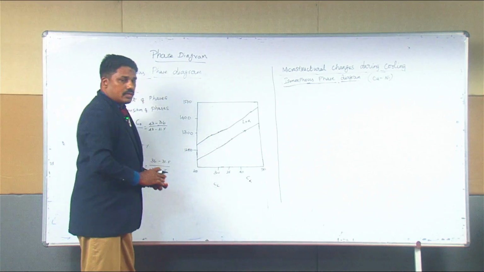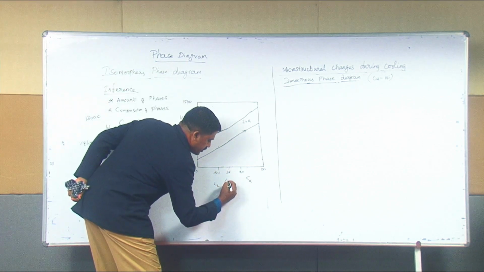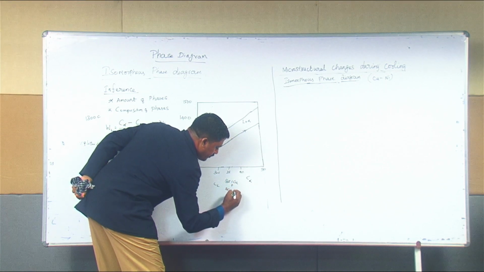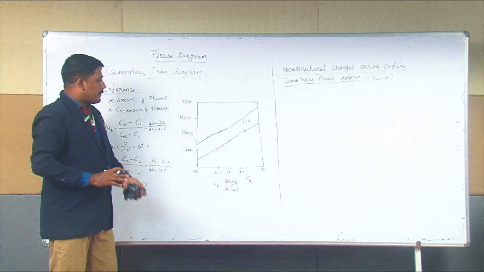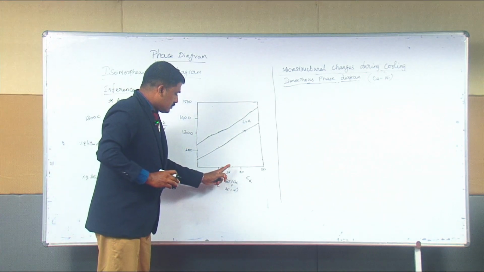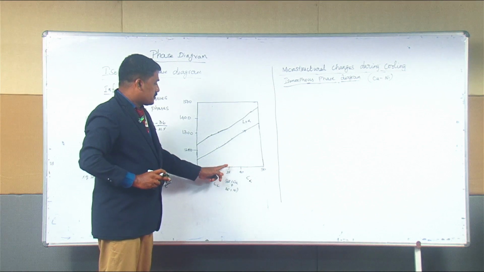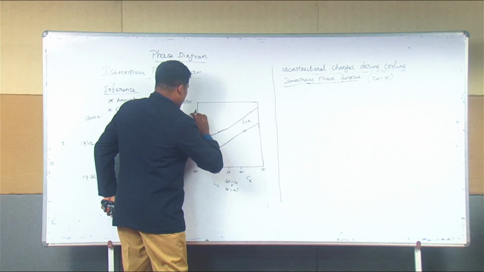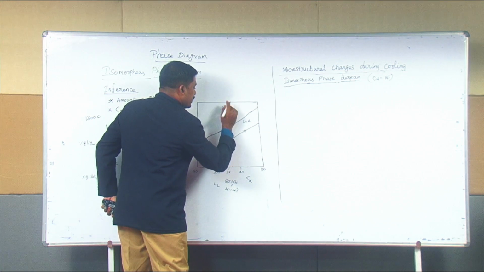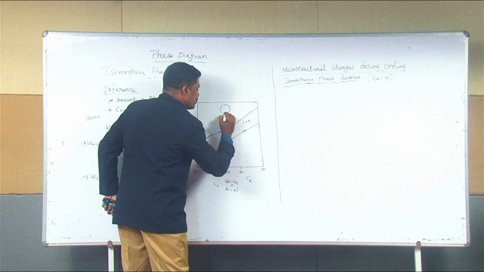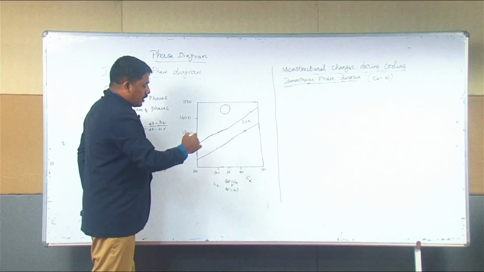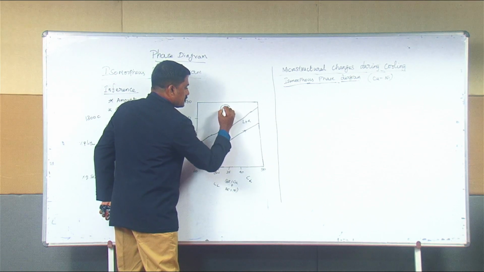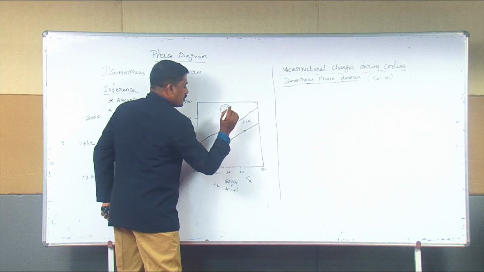For this specific composition, 35 means 65 percentage of copper plus 35 percentage of nickel present there. At very high temperature, that means above 1400 degrees Celsius, the given alloying system exhibits the liquid state.